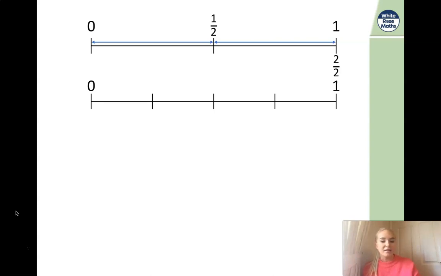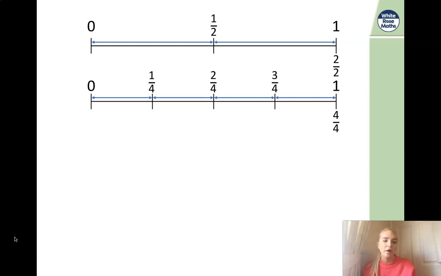So which means that the first part is going to be 1/4. The second line of my number line will show 2 parts, so 2/4. The third part of my number line shows 3 parts, so 3/4, and then 4 parts, which is 4/4, but the same as 1.